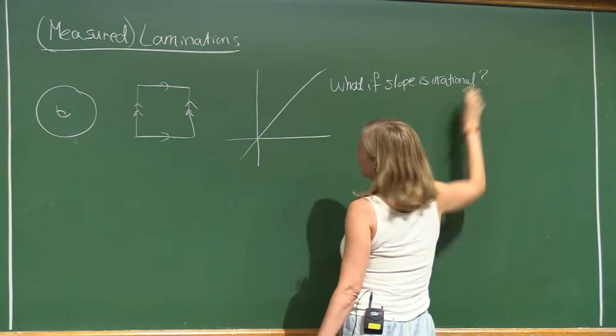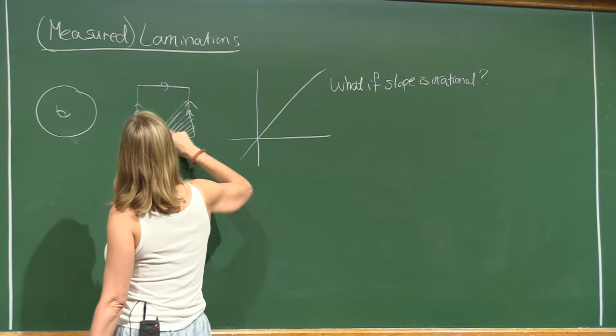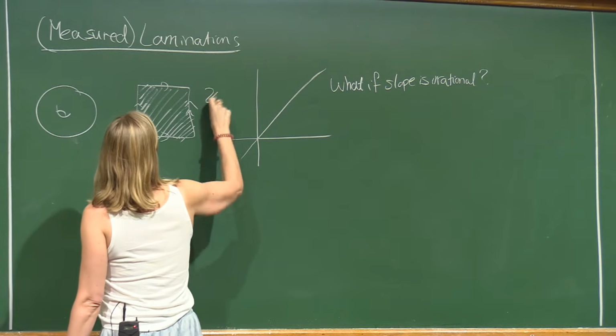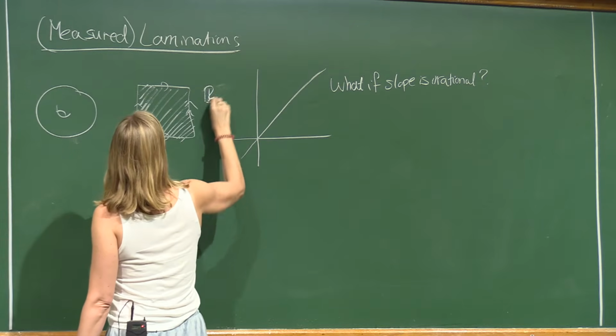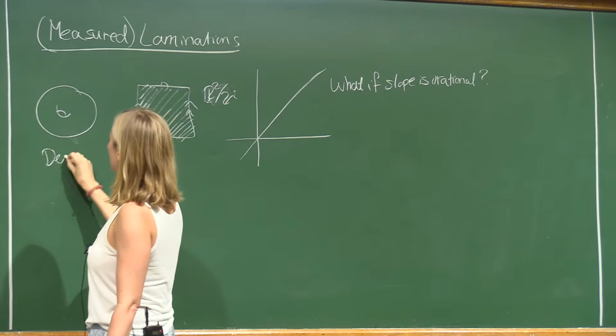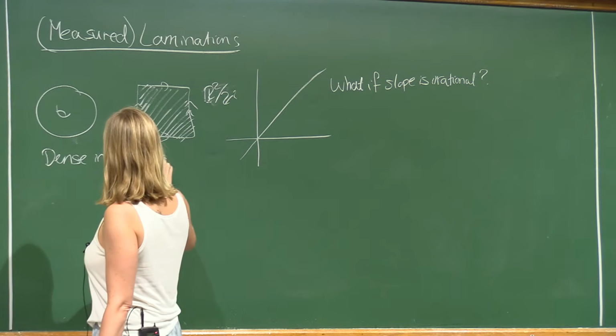Well, on the Euclidean torus, what happens is that you get something that's dense, right? So if you look at the quotient R2 over Z2, this becomes dense. So this is dense in the Euclidean torus, in the flat case.